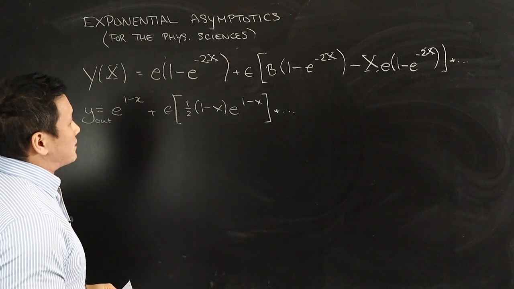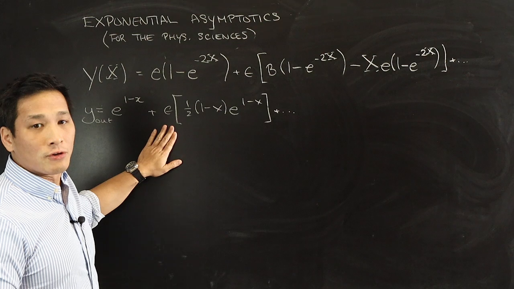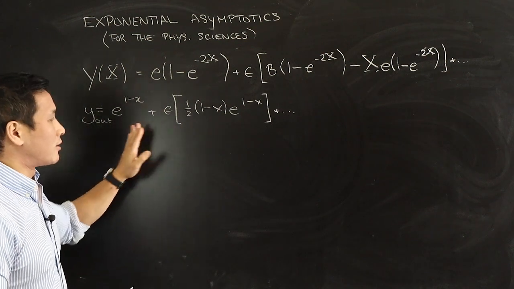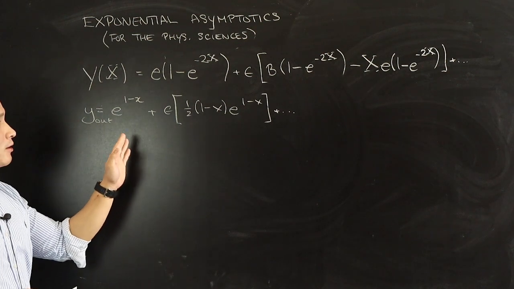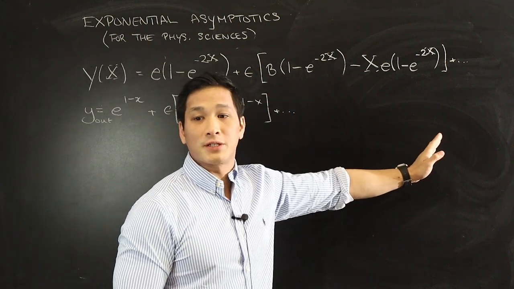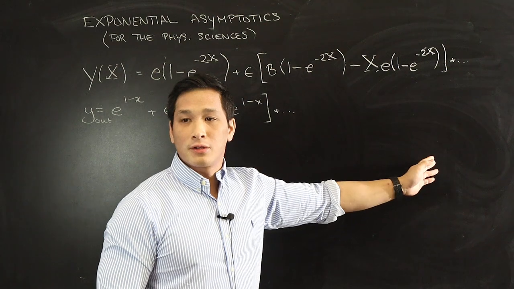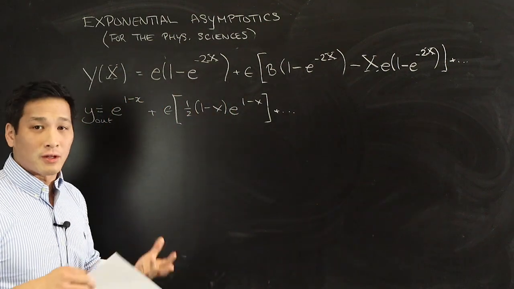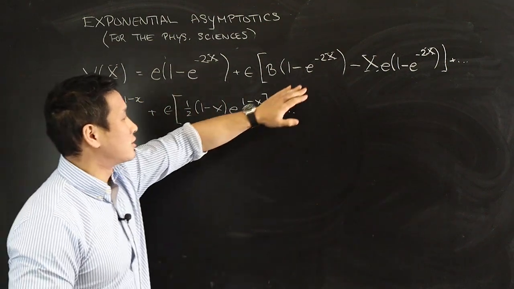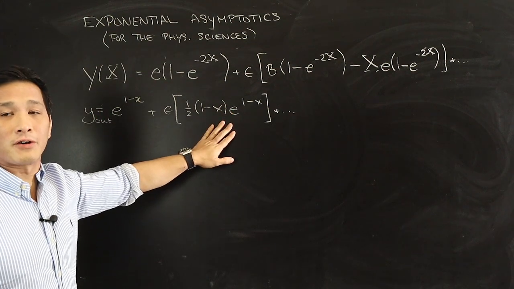So the problem is that basically as you take this outer solution into the inner limit, into the boundary layer, then all the terms here start to become of the same order. All the higher order terms become the same order. So intuitively you might say, well, I'm just going to match this one with this one, and that allows me to figure out the b.